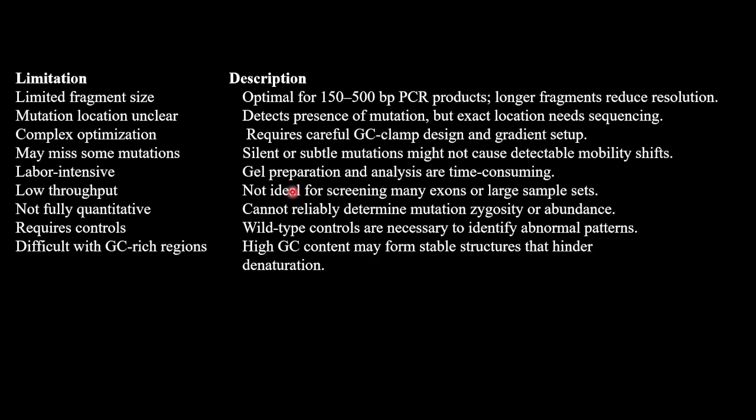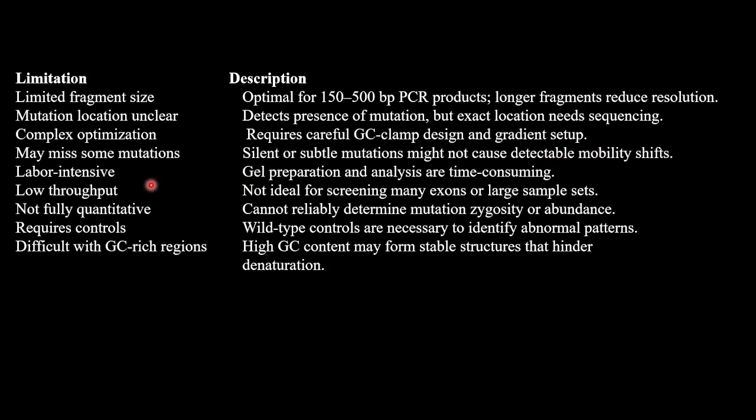What is the position? It cannot identify. You have to use a GC clamp, and it requires careful attention. How many GC you are going to add? It requires validation also. Sometimes silent, synonymous mutations might not cause a detectable mobility shift.